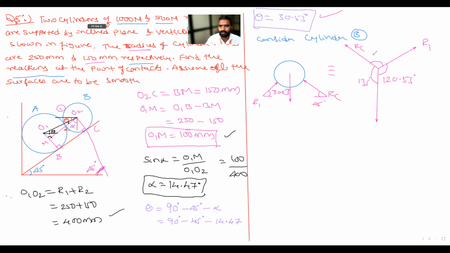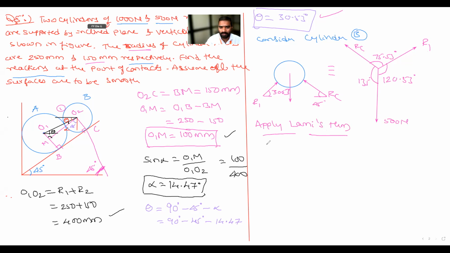Yes, sir. Okay, 75.53, meaning the angle of this plus the angle of this, when both are added, gives one angle. Is it correct? Yes, sir. Okay. So weight is how much? Weight is 500 Newton. So apply Lami's theorem. How will you apply?